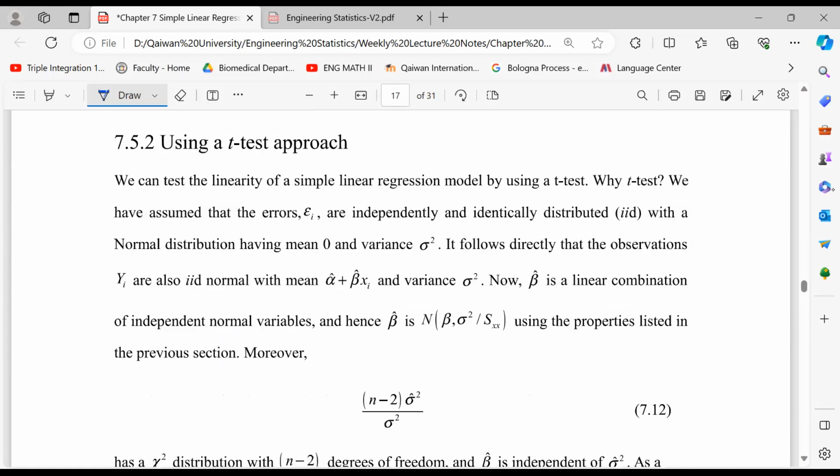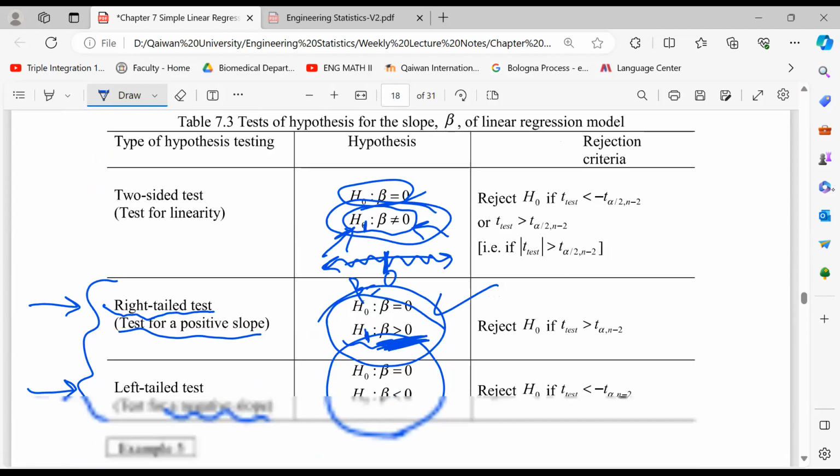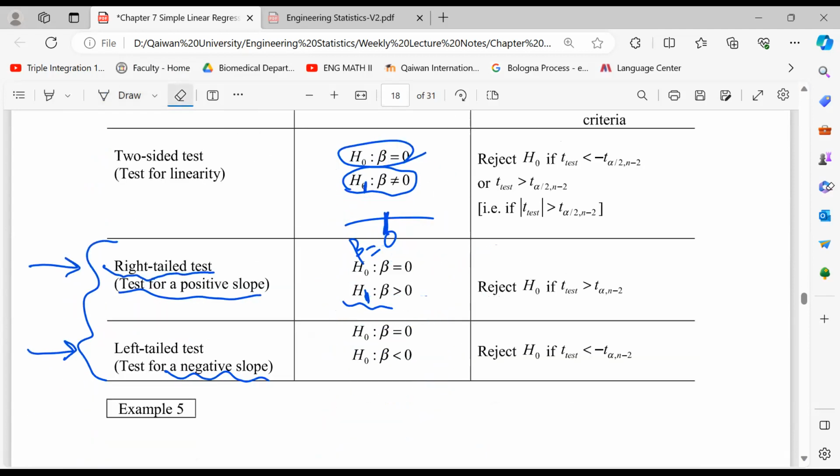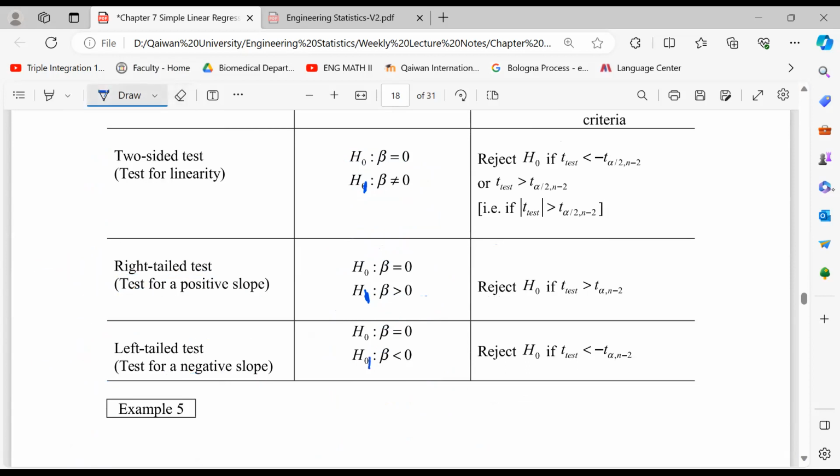Based on this table, if the t-test statistic is less than minus t of alpha over 2 and n minus 2, we reject H naught. Even if it is greater than t of alpha over 2 and n minus 2, we still reject H naught.